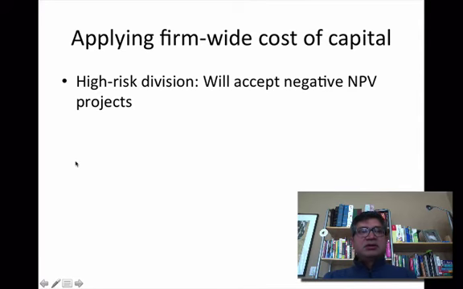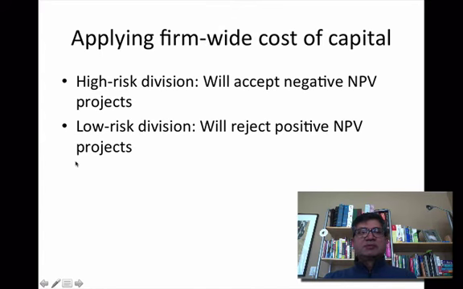However, these are the kinds of errors that you will run into. If you apply the firm-wide cost of capital for discounting the cash flows of the projects in the high-risk division, you'll be using a discount rate that's too low. So the net effect of that will be that you'll end up accepting negative NPV projects.